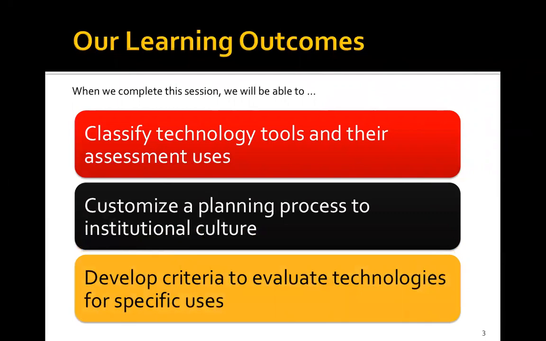We also shared with you a planning process, and we'll run through those steps in just a moment to refresh your memory about the planning process that we created. And then finally, we looked at a rubric, and we've asked you to provide some ideas of some additional criteria to help us evaluate technologies for specific uses.